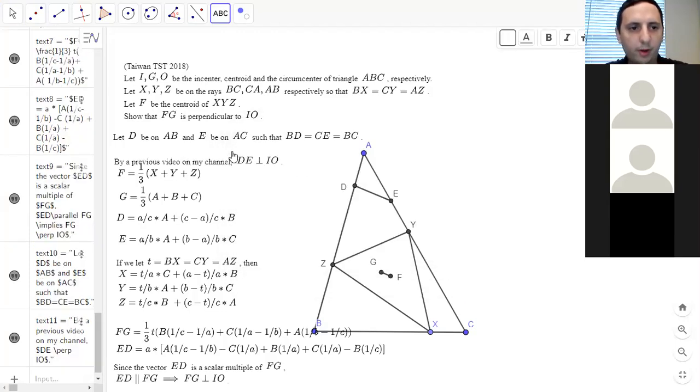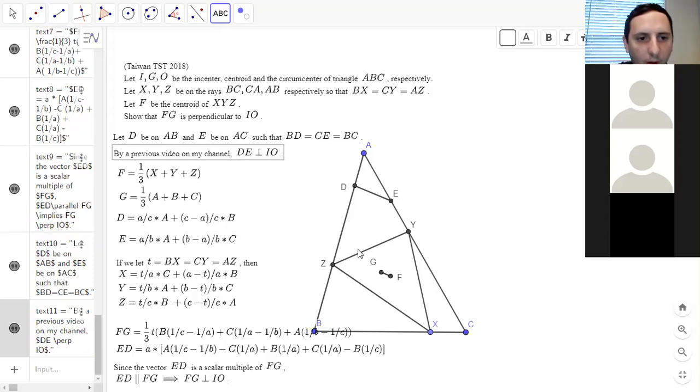So that's what Wynn brought up. And then the rest, there might be a mistake, but I'll leave it to the viewers to check it. But there's probably a synthetic way to do all this.